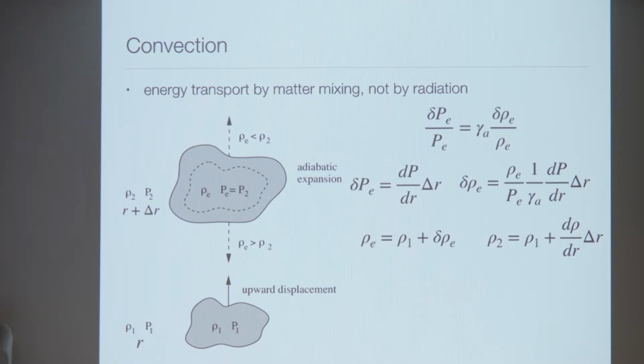So if this condition is satisfied, this structure, this material, will be unstable, and matter will just keep moving upwards. That makes what we call convection. This is the motion of the material in the star.